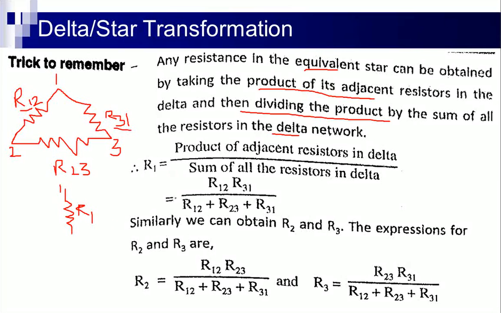Similarly, the value of R2 will be R12 into R23 divided by R12 plus R23 plus R31.